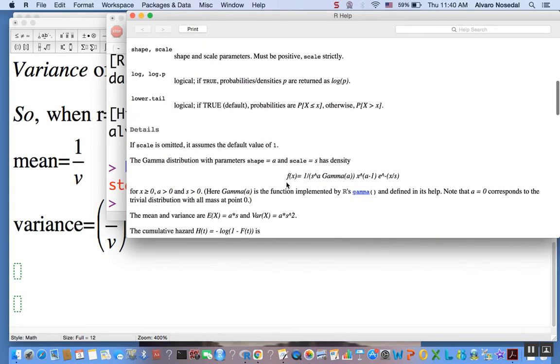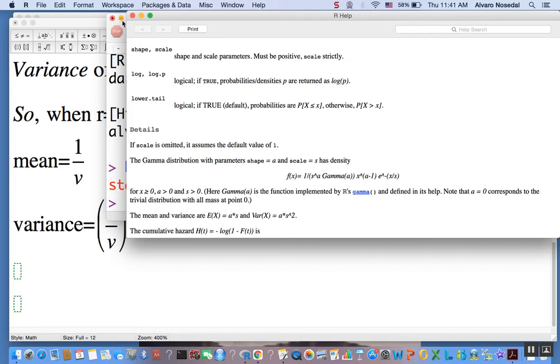Here we have the expression that R uses for the PDF: 1 over s to the power of a, the gamma function evaluated at a, x to the power a minus 1, e to the power minus x divided by s.